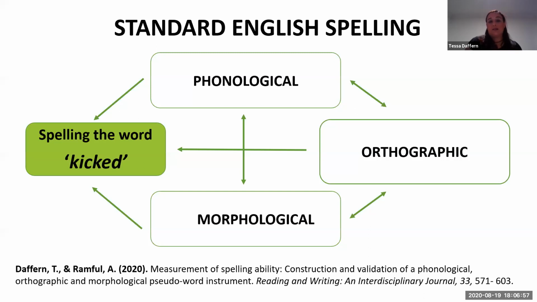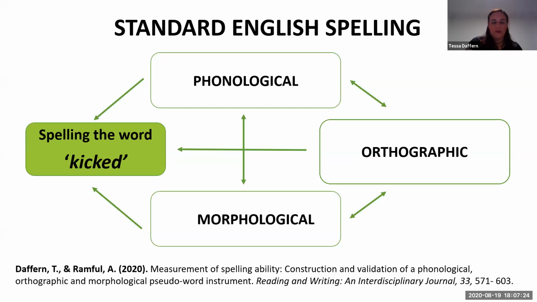And they also need to know perhaps that KI in that sequence is plausible, but CI is not really a plausible letter pattern in the English language. But still, that's not enough. In order to spell that word correctly, if they just rely on phonological and orthographic processes, they might end up spelling kicked with a T, the letter T at the end of the word instead of ED.